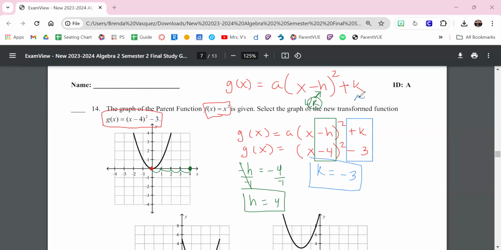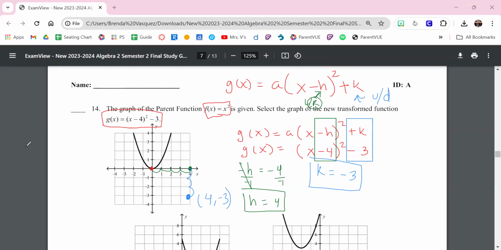And k moves my graph up or down. It is negative 3, so I'm going to go down. From here, I go down how many steps? 1, 2, and 3. So what is the coordinate of this graph? 4, negative 3. 4, negative 3, thank you.